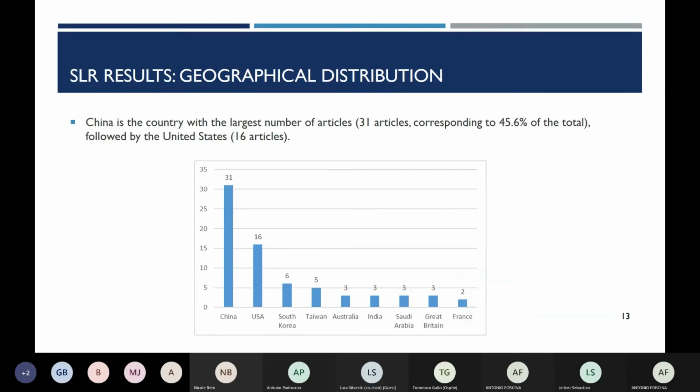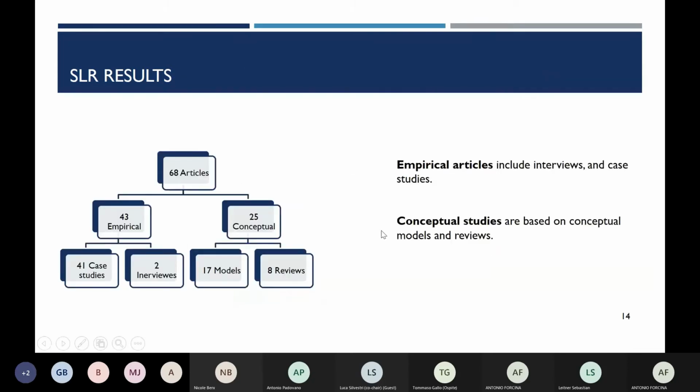As for the geographical distribution, based on the country of origin of the first author, China is the country with the largest number of articles, 31 articles, which correspond to 45.6%, followed by United States with 16 articles.